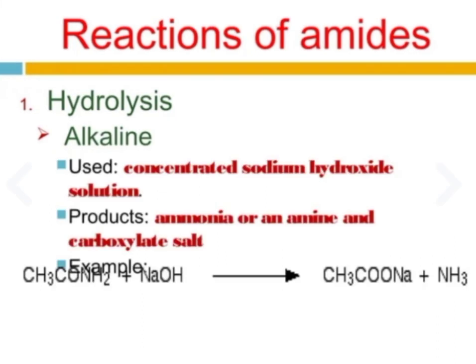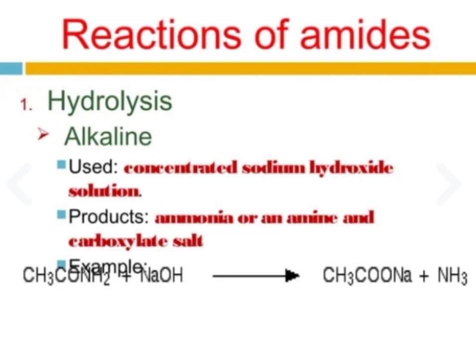Let's proceed with alkaline hydrolysis. Use concentrated sodium hydroxide solution. The products are ammonia or an amine and a carboxylate salt. For example, CH3CONH2 + NaOH = CH3COONa + NH3.